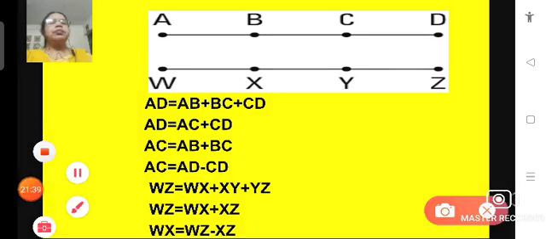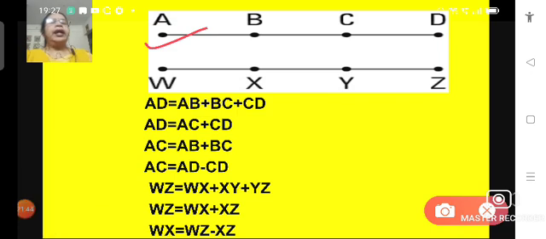Similarly, if we have line segments like this, if we look at this line segment, AD is equal to AB plus BC plus CD.